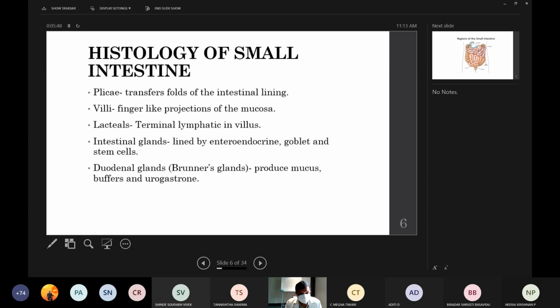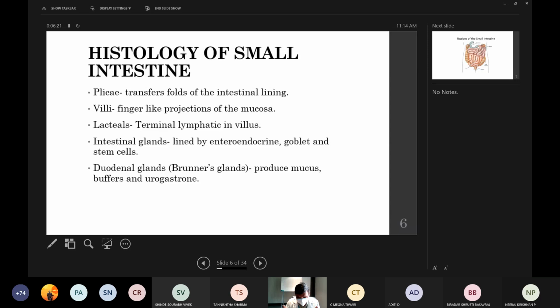The second point is villi. There are finger-like projections of the mucosa. The mucosa of the small intestine projects like fingers, and those are called villi. These villi also increase the surface area for absorption. The lacteal is the terminal lymphatic in the villus. Villi consist of a lymphatic vessel.